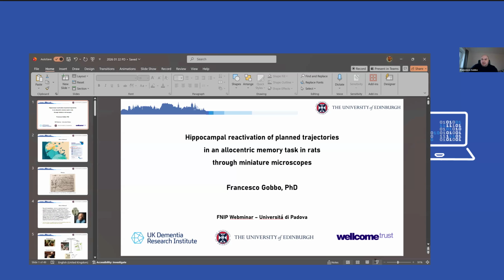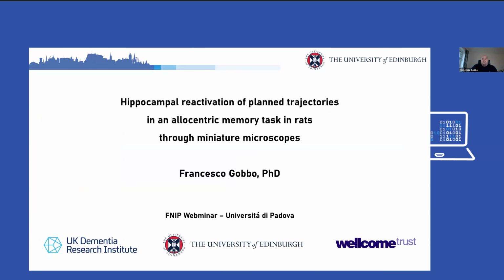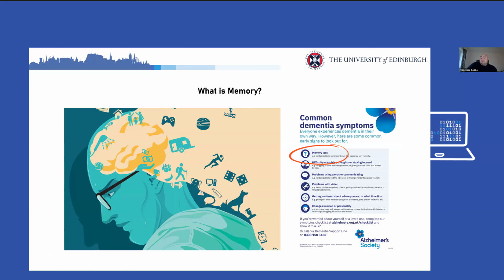But essentially, my talk is more on the application side of the techniques that Tommaso and others have presented. So in terms of using miniscopes to acquire the topics that I'm interested in, which essentially is memory. So what is memory? I mean, we have a very intuitive concept of memory as of remembering things, remembering events.